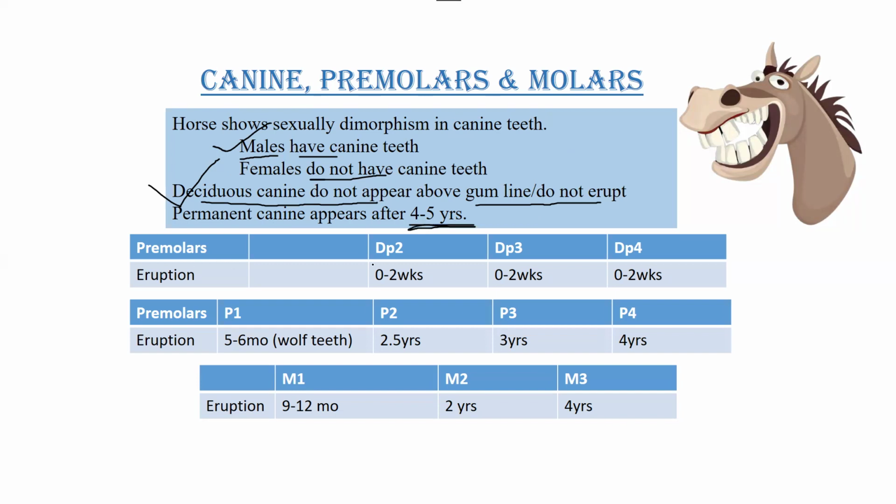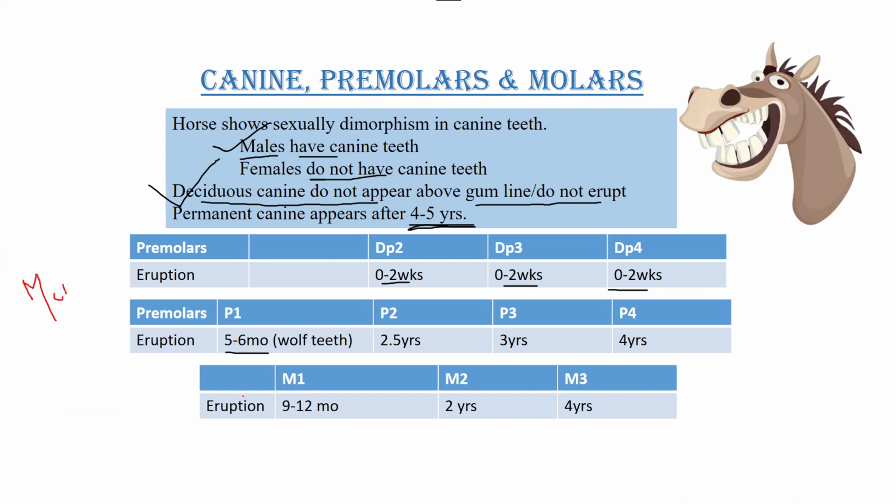Then premolars: deciduous premolars all appear at 0 to 2 weeks of age. Then permanent premolars appear at 5 to 6 months, 2.5 to 3 years, and 4 years. Now, these are not worth remembering, but here you might see a bit of a contradiction. I have told you previously that the first permanent tooth that appears is the molar.